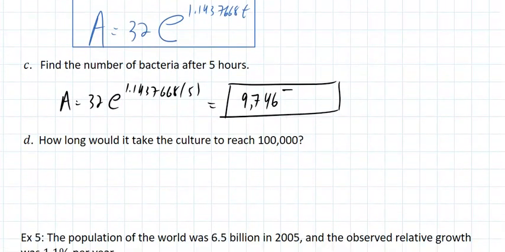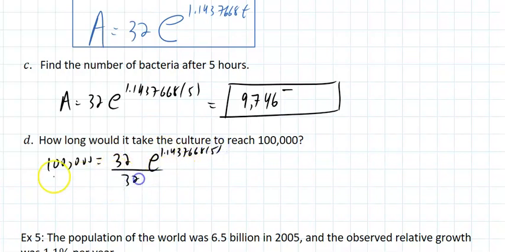And how long will it take until the culture reaches 100,000? 100,000 equals the initial 32 e to the 1.1437668 t. Isolate the exponential by itself. You could reduce that, you could leave it as is. And now take natural log of both sides.